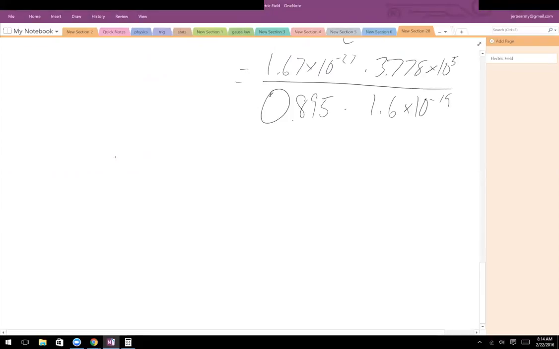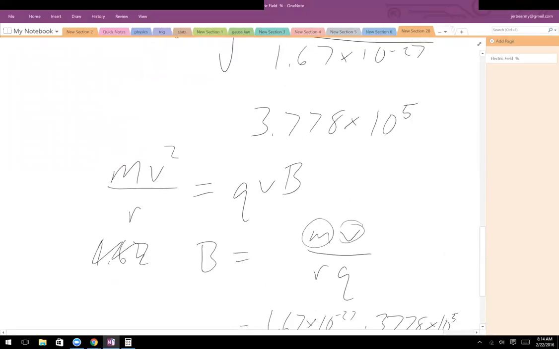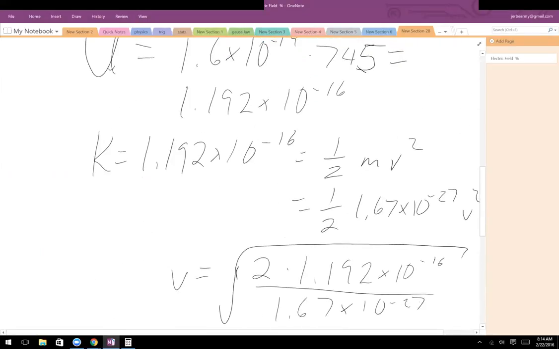We can ask almighty Google here in a second. So that'll change right here in our formula for B. But it'll also change V, because to get V, we said it was 1/2 mv squared, so we'll have to change that there. But otherwise, the problem's exactly the same as part A.